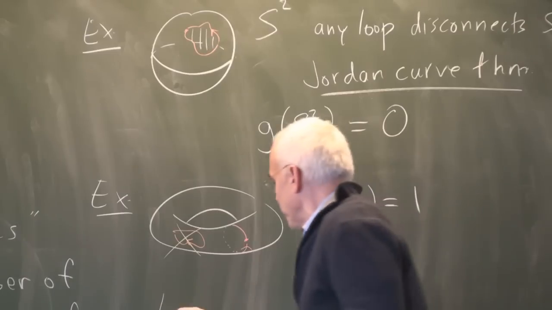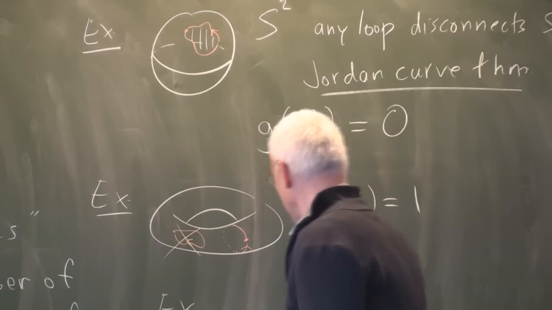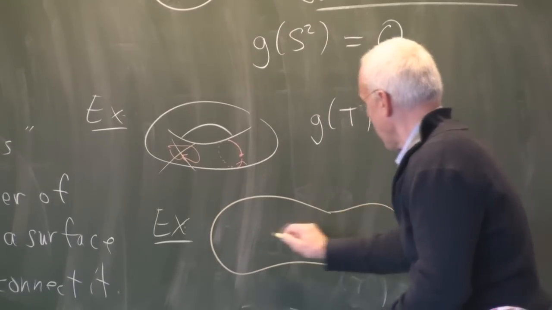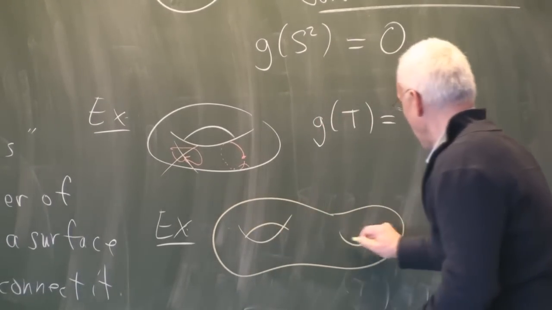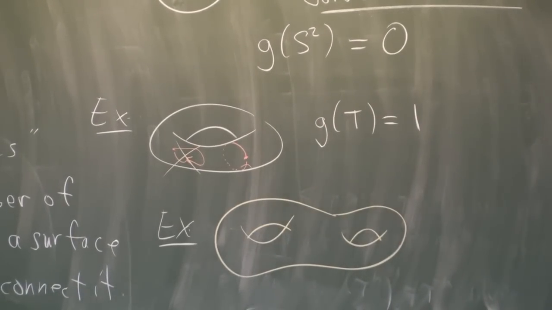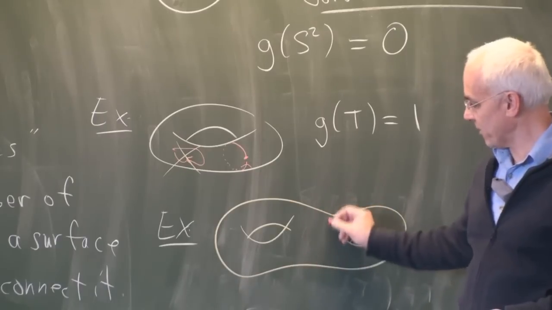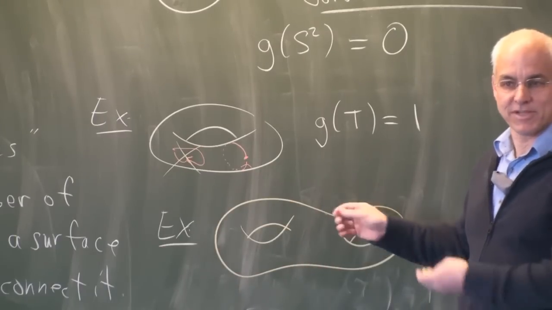And it's then a similar kind of story if you have a 2-hole torus. Then you can cut two loops out like this. You wouldn't want to do a loop like this, because that would separate it.